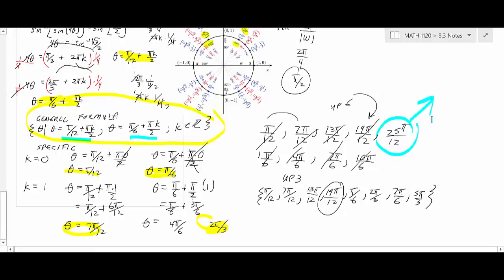Are you guys clear that 25 pi over 12 is bigger than 2 pi? Yeah, because 25 over 12 is bigger than 2, agreed? So that one is no good. If you did this next one here, if you went up 3 from here, you'd have 13 pi over 6. Is that bigger than 2? Absolutely. 13 over 6 is 2 point something. That's why you stop. So now we have all the answers.